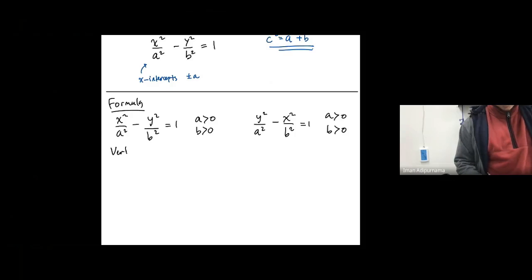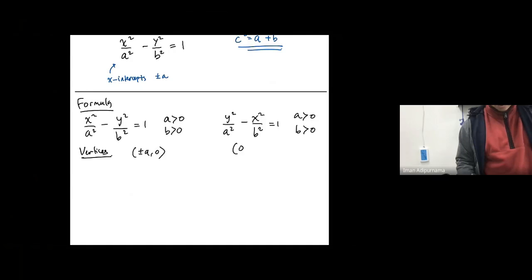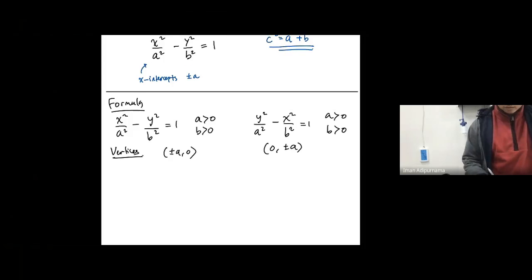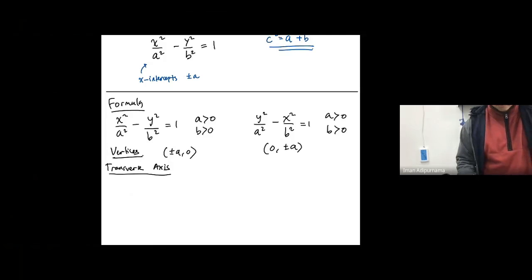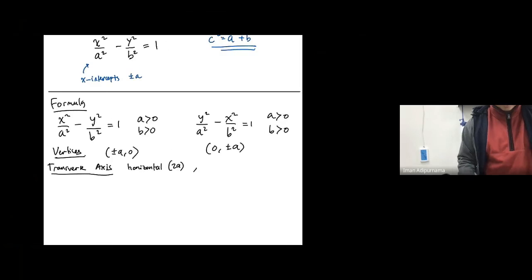The vertices, this one is plus minus a, 0. And the other one is 0, plus minus a. The transverse axis, the left one is horizontal, and its length is 2a, and the other one is vertical.